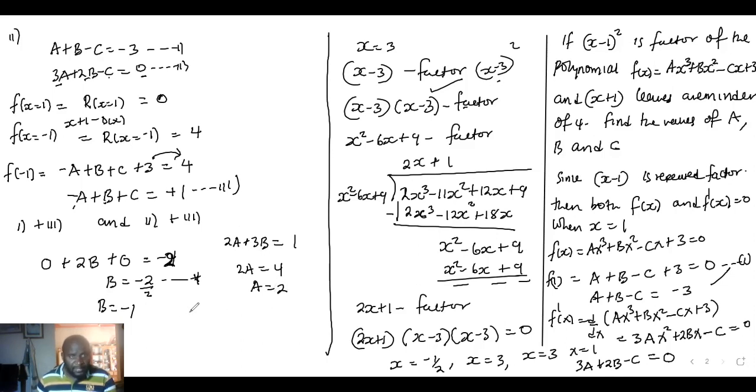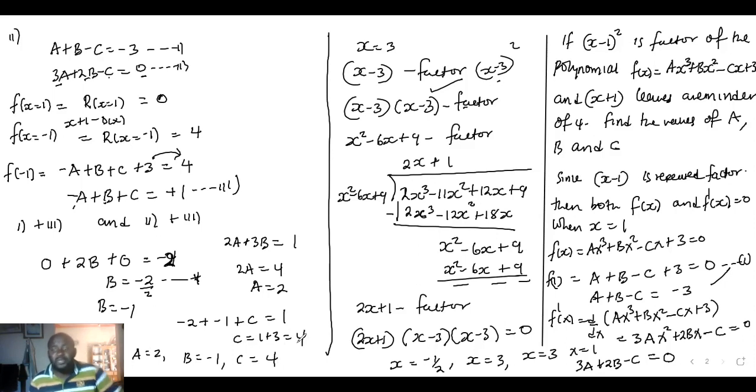Now we also saw that if I have a negative 2 plus a negative 1 plus a C, I must get 1. So C becomes 1 plus 3 and C becomes 4. So A is 2, B is negative 1, C is 4.